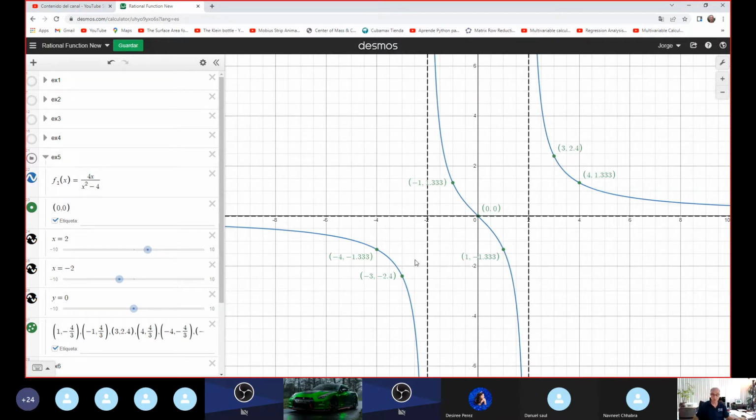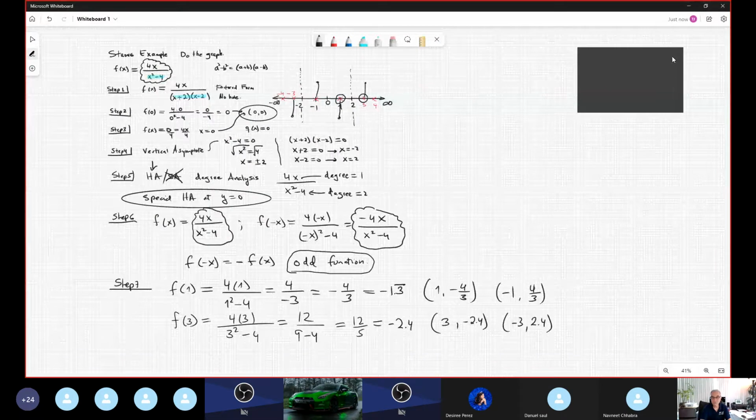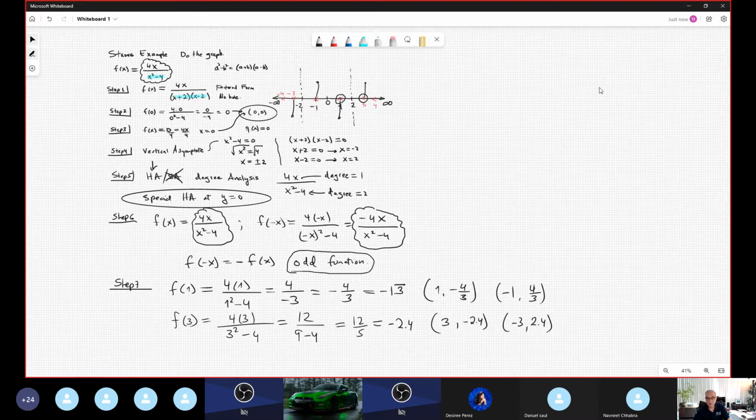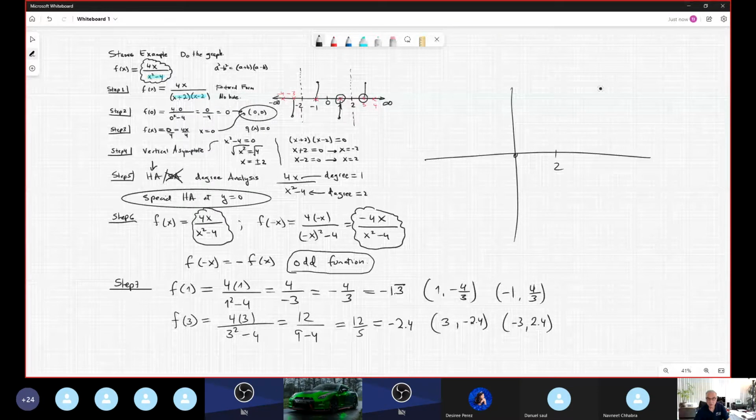Odd function is symmetric with respect to the origin. What does that mean? Let me try to explain on the board. The graph is something like that, with 0, 2, -2.